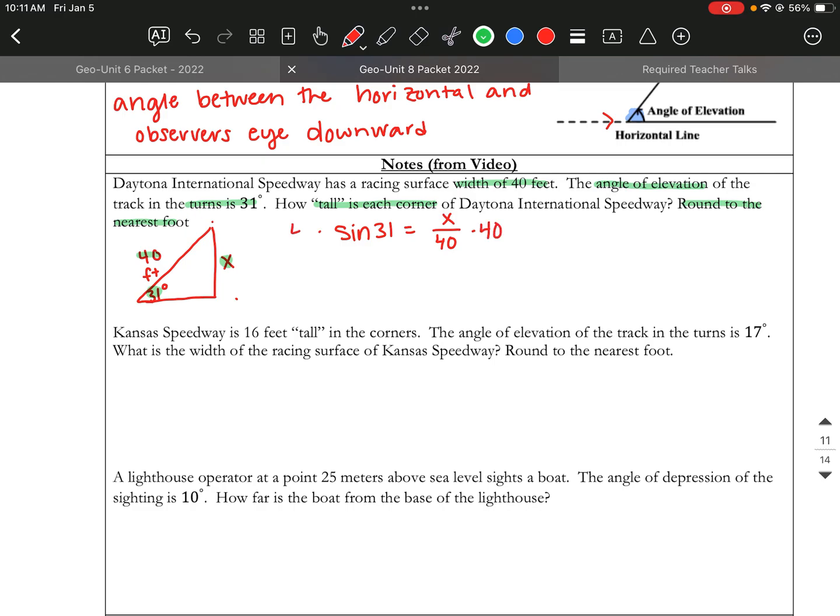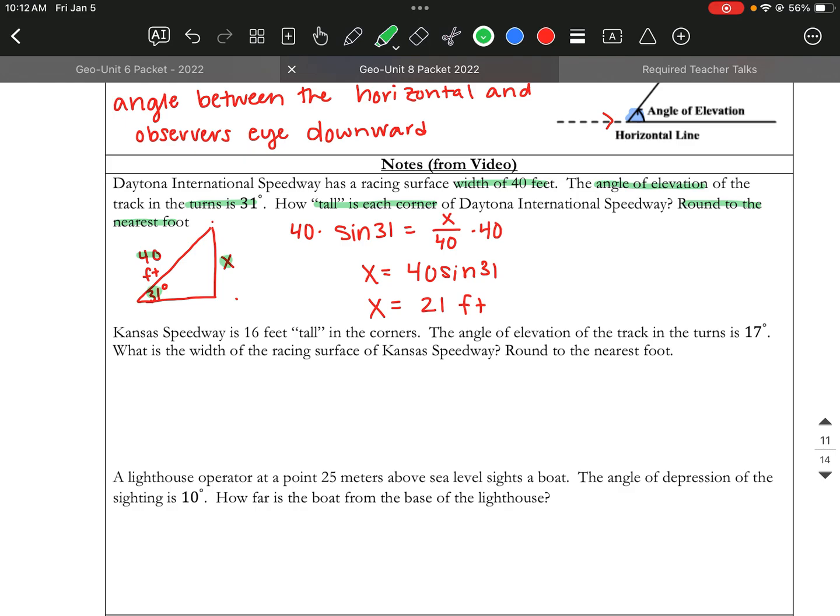We multiply both sides by 40 so that x equals 40 sine of 31. Go ahead and put that in your calculator. We're going to round to the nearest foot, and you should get 21 feet.